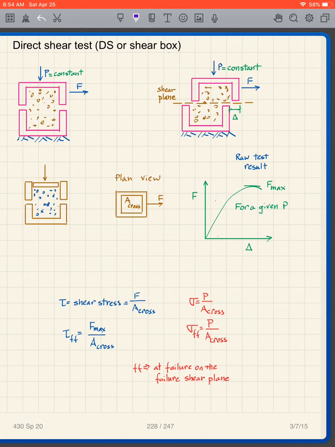We also have a sigma. Sigma is P over the cross-sectional area, and we don't change P during the test. So our sigma FF, in other words the sigma at failure on the failure plane, is P over the cross-sectional area. As I say, FF is at failure on the failure shear plane.